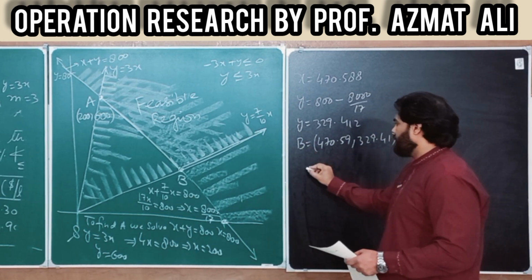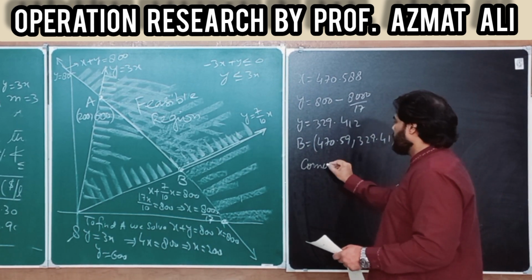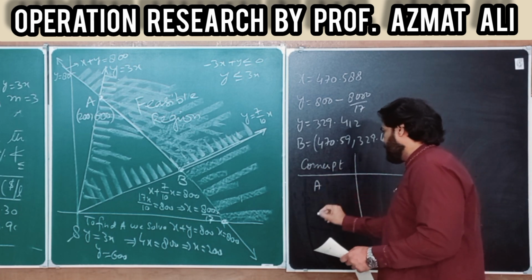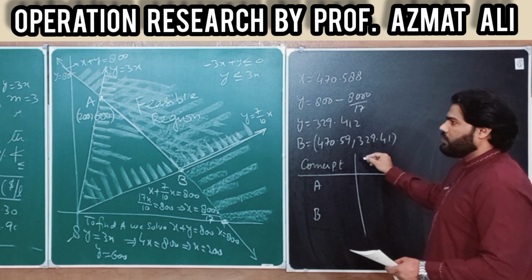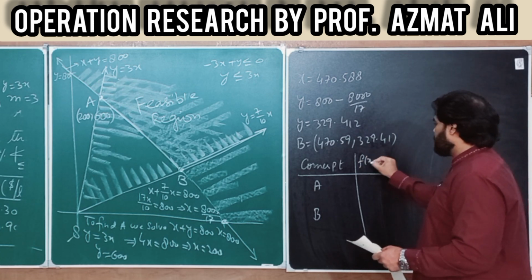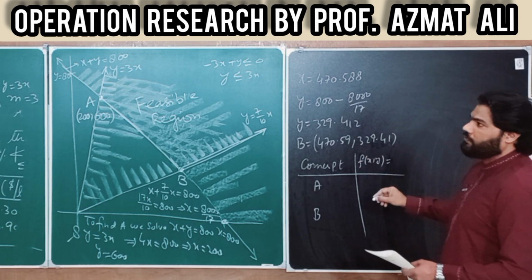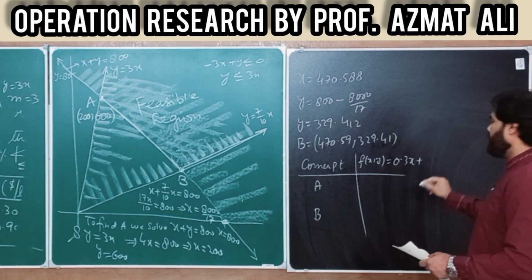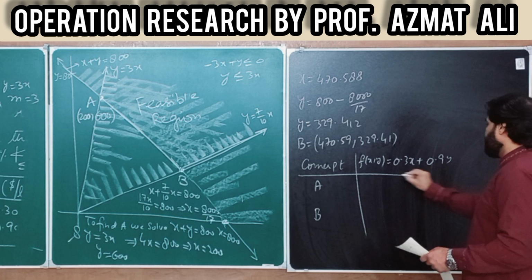So make a table here: corner point A, corner point B, and the value of the function f(x, y), where the function is 0.3x plus 0.9y.